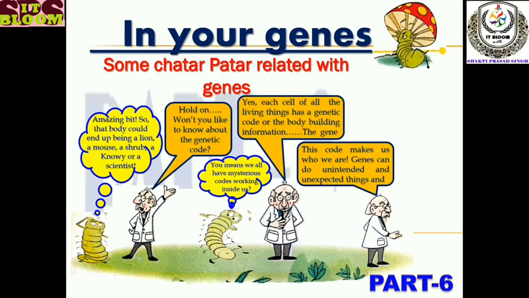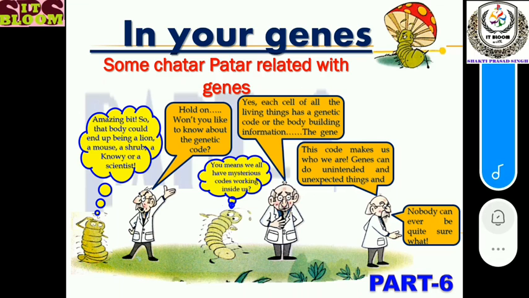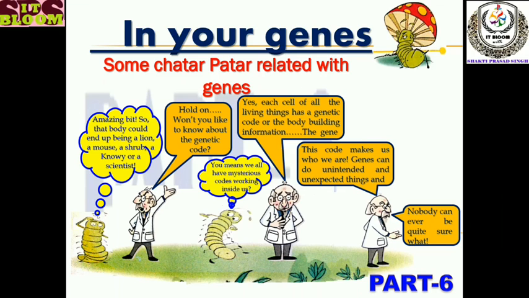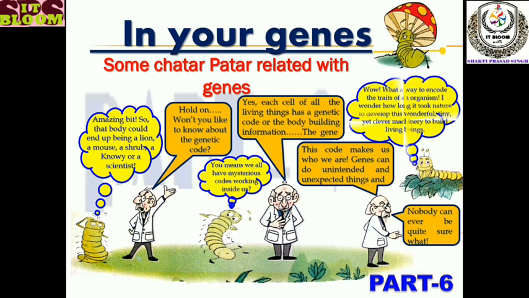Genes can do unintended and unexpected things, and nobody can ever be quite sure what. No one can be sure what kind of behavior and which type of people will result. So the caterpillar thinks about that.